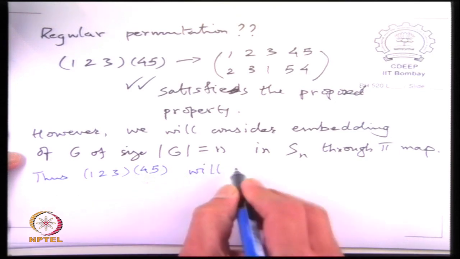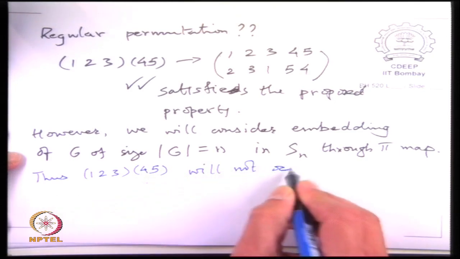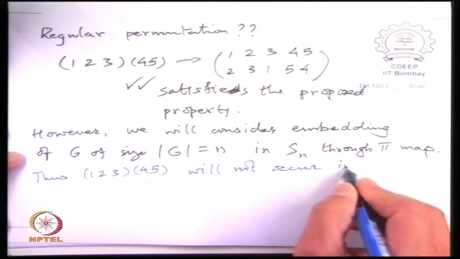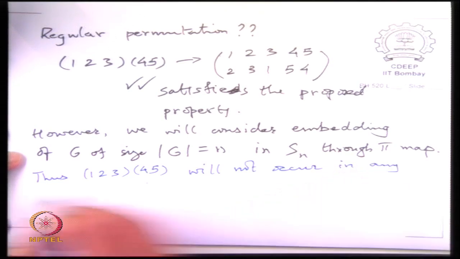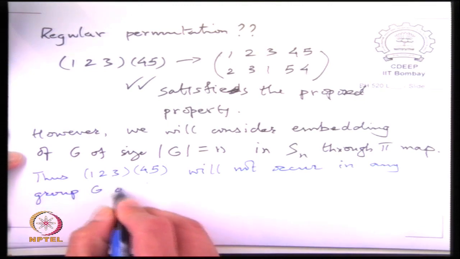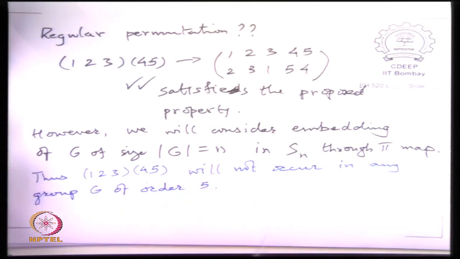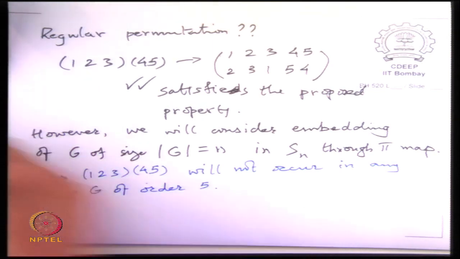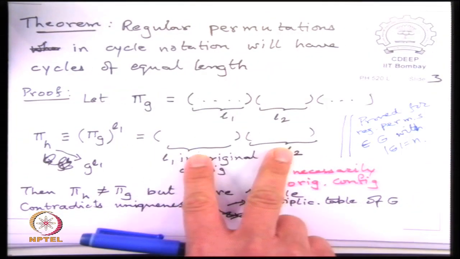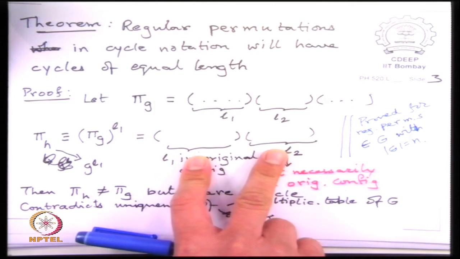It will not occur in any group of order 5. That much I can guarantee you, because you take any group of order 5 and try to embed it in this, this argument will necessarily apply, that I have incompatible cycles.